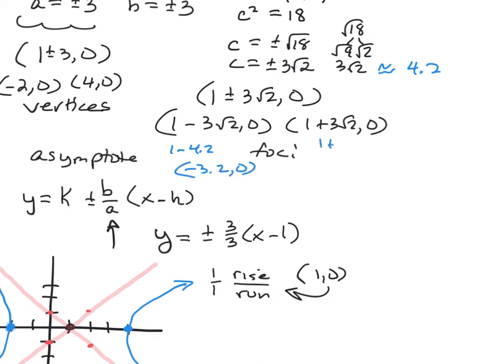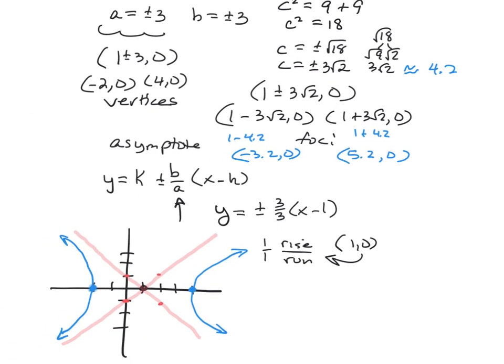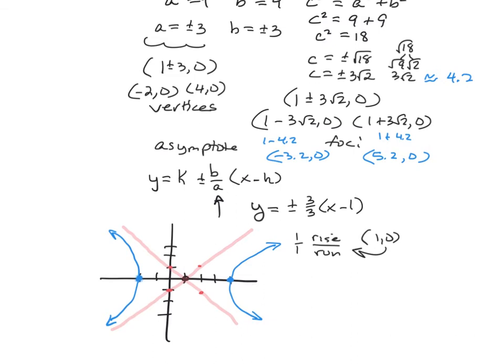And here it'll be 1 plus 4.2, so 5.2 comma 0. They'll be the 2 focus points. So I have a focus here at negative 3.2 and 1, 2, 3, 4, 5, 5.2. And there are your focus points. And there is your hyperbola.